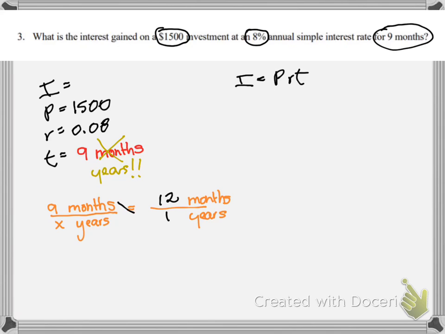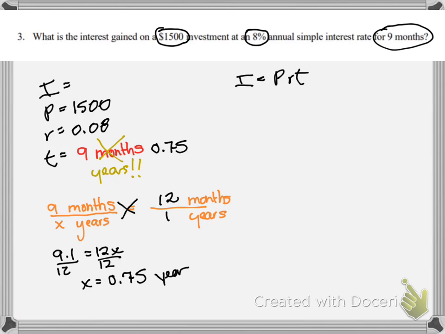And so then we can cross multiply and solve. So we have 9 times 1 is equal to 12x. You divide by 12, and you find out that x is 0.75 or 3/4 of a year. Okay, so watch that. If your time is given to you in any kind of units that aren't years, you have to change that. So t is going to be 0.75.